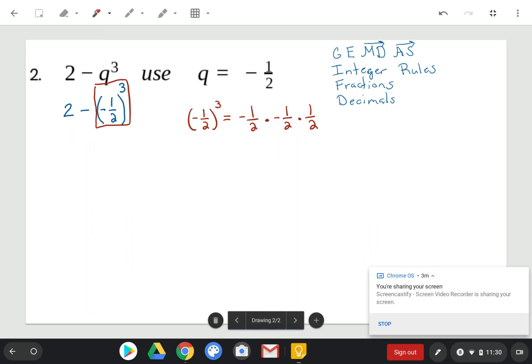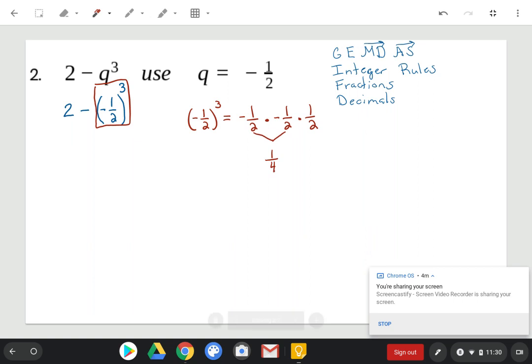The first thing I'm going to do is consider what negative 1/2 multiplied by negative 1/2 is. Okay, a negative times a negative is a positive. Those are those integer rules we have to think about. And then to multiply fractions, I multiply my numerators. 1 times 1 is 1. 2 times 2 is 4.